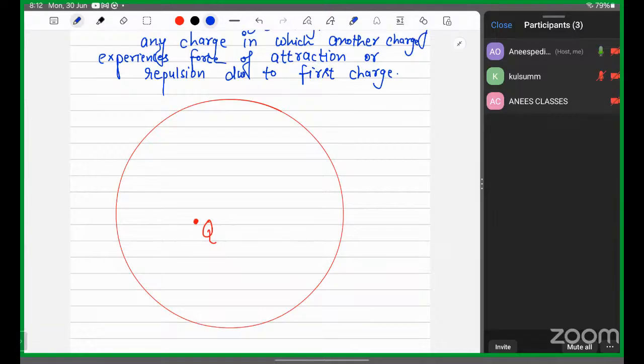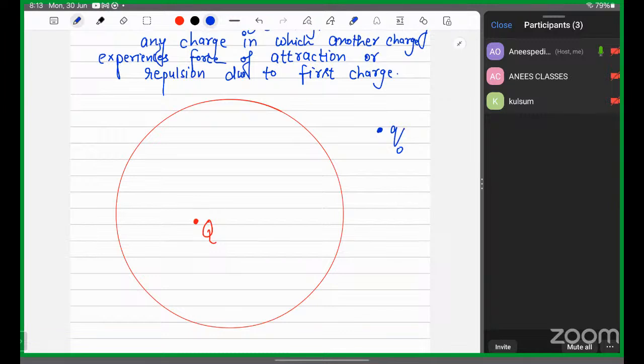Due to that electric field, another charge, let's say Q naught, when it enters the region, then capital Q will apply some force on Q naught. It may be attractive or repulsive in nature. So this region is known as electric field.